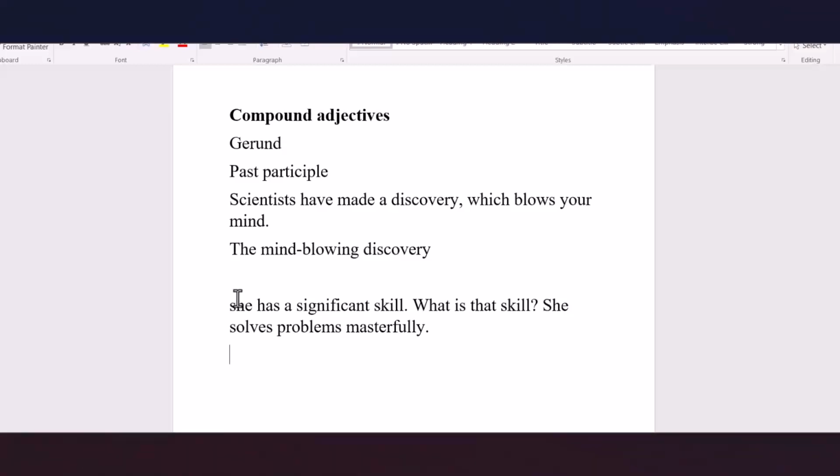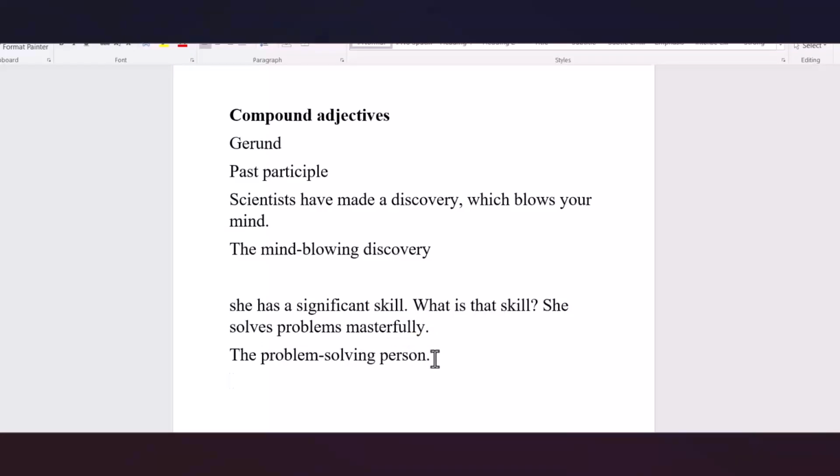And we use an adjective, and that adjective is the problem-solving person. This is a compound adjective that explains further about the person, offers more information about the person.